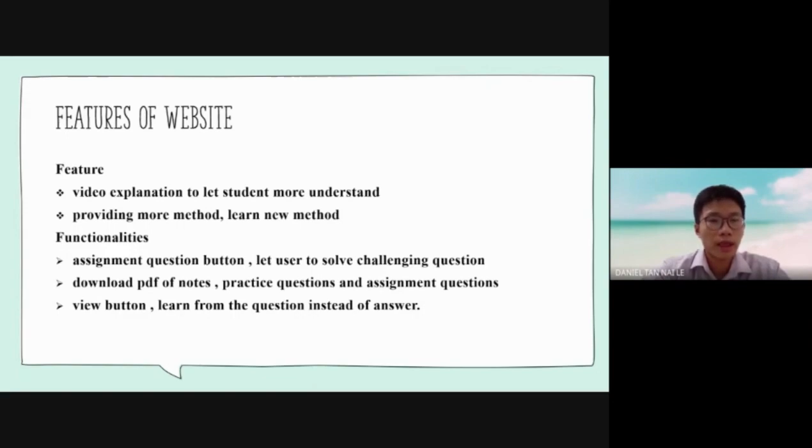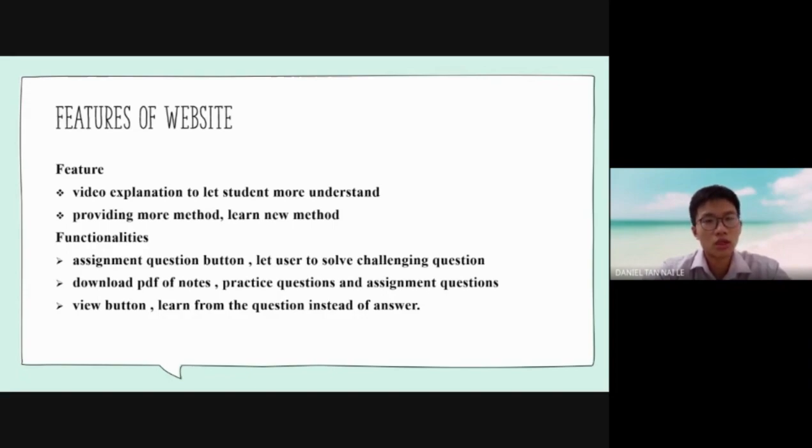Other than that, we also think that the website should provide more ways to solve a question, because some questions can be solved using more than one method. If the website can provide more methods, it can let students discover more solving methods that their teacher didn't teach them.